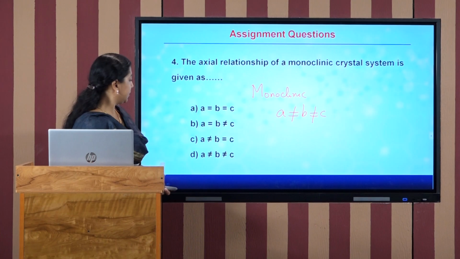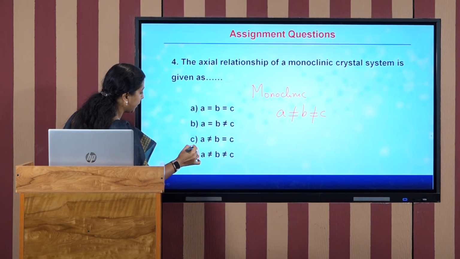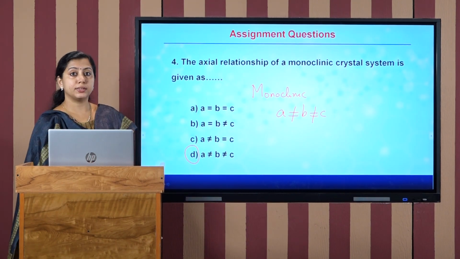So, the correct option is option D, A not equal to B not equal to C.